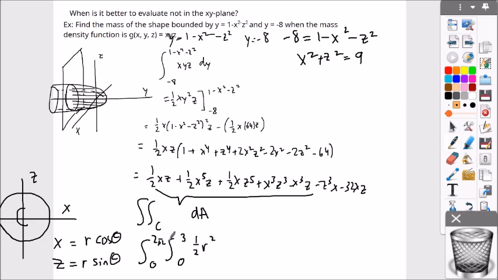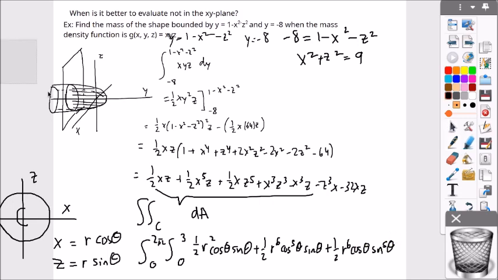1/2 r squared cosine theta sine theta. I'll write the entire integral out. 1/2 r to the 6 cosine to the 5th theta sine theta plus 1/2 r to the 6 cosine theta sine to the 5th theta.